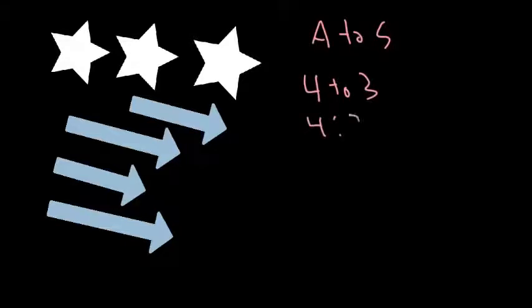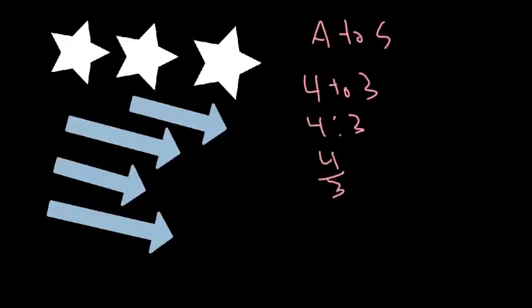Alright, so now I have some more ratios I can make. I have stars and arrows. So if I want the number of arrows to stars, I have 4 arrows to 3 stars. Again, I can write that 3 ways, with the "to", with the colon, or as a fraction.